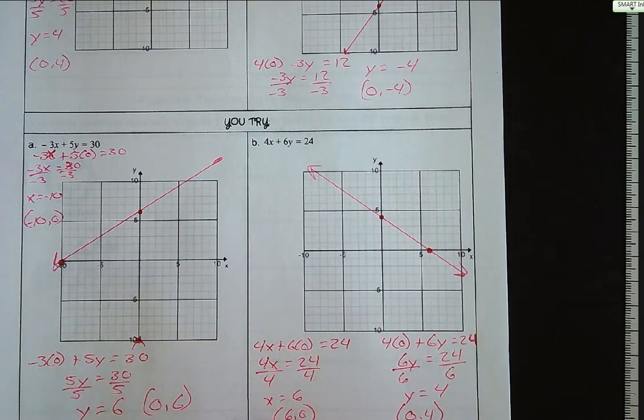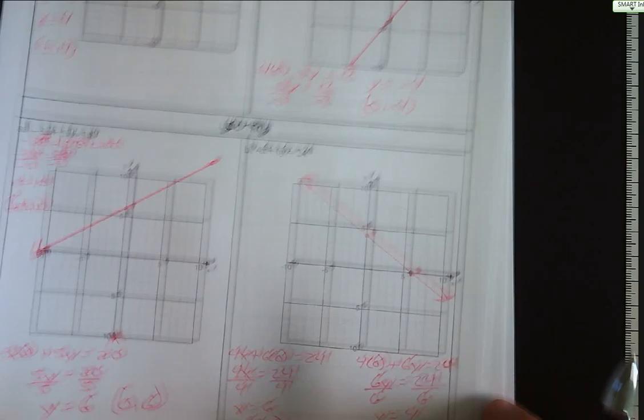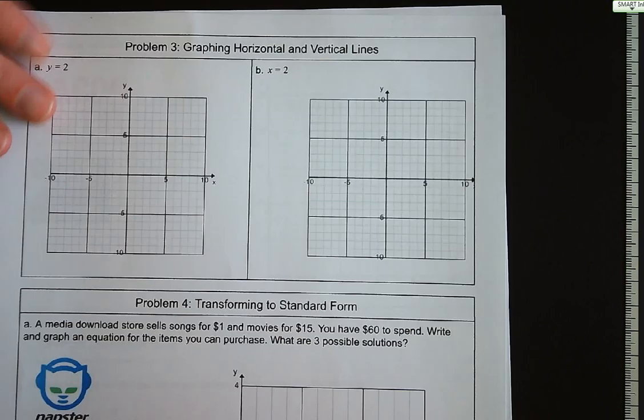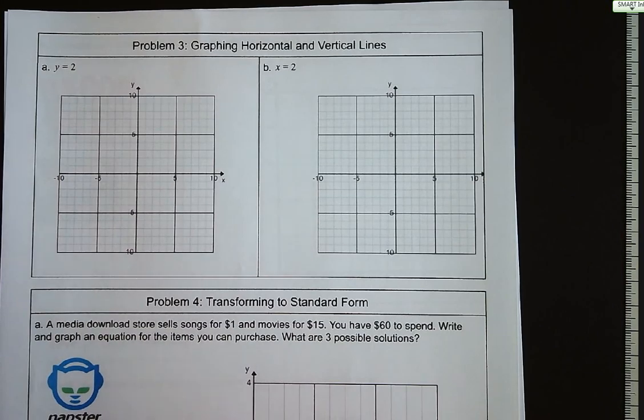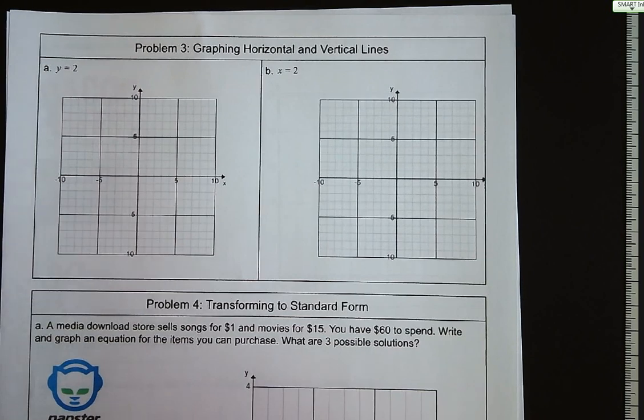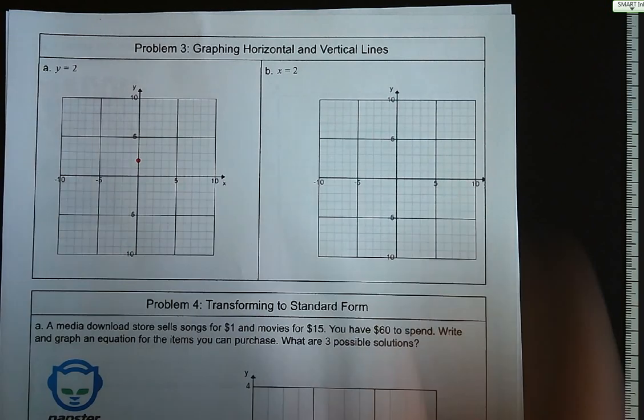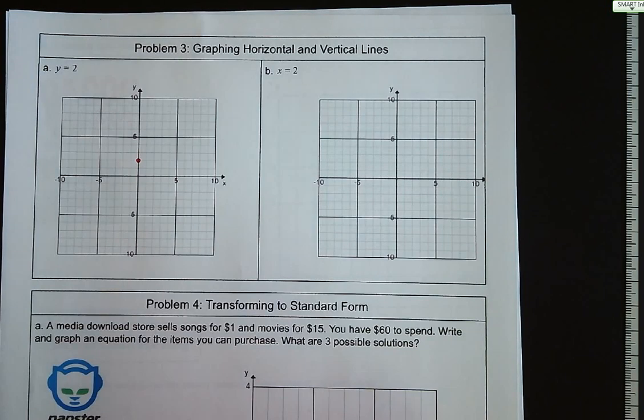All right. Moving on to the next problem, problem number 3, which is graphing horizontal and vertical lines. For letter A, y is equal to 2. So we're going to put a point at 0, 2. And what happens if we were to plug in 5 for x?